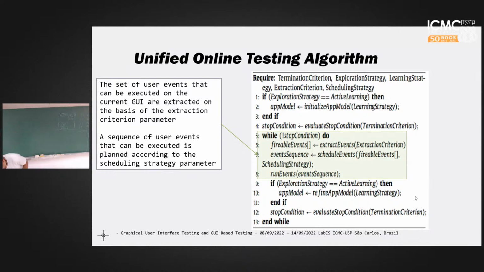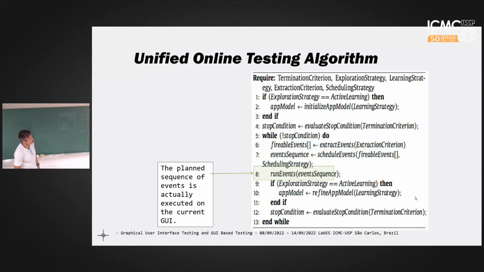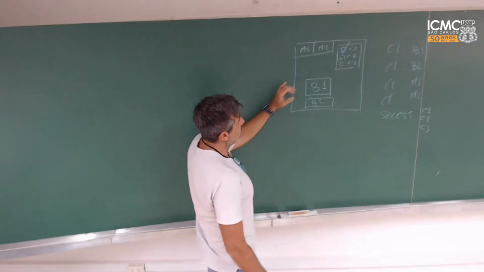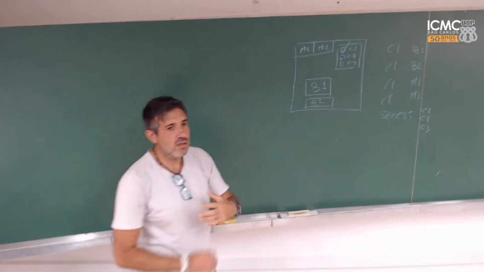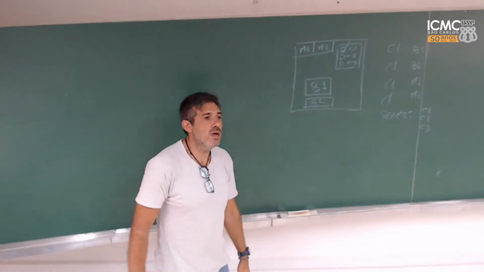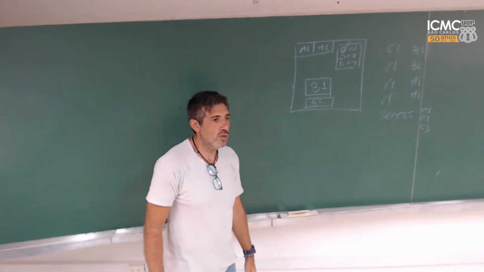Once we have extracted and planned which are the events, what I mean by planned is, imagine that we click on B1, okay? Then we return at a given time of the navigation on the same GUI.